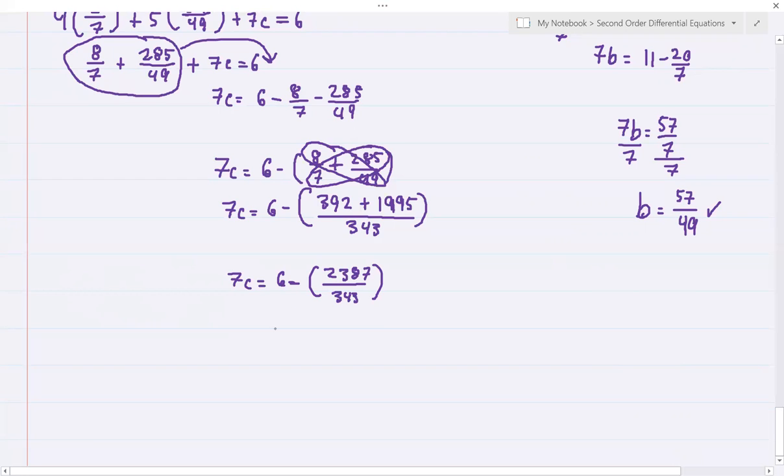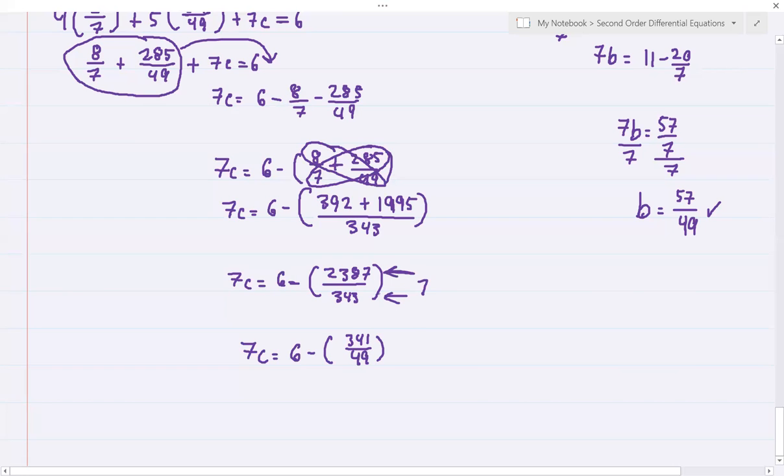In this case, we can simplify this one into 6 minus 341 all over 49, because both of these values are divisible by 7.